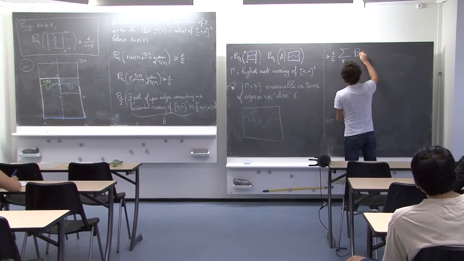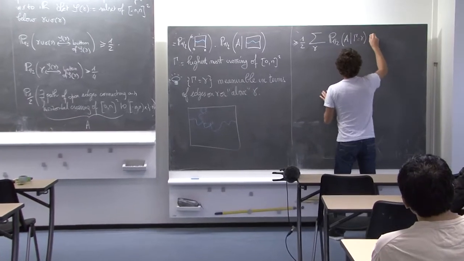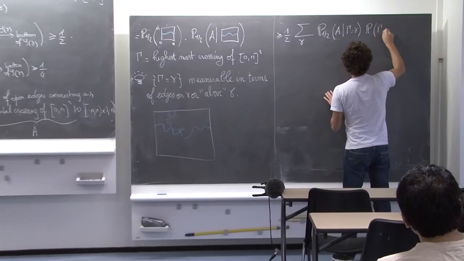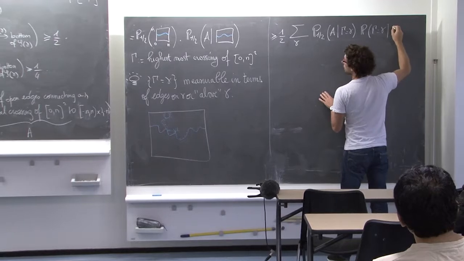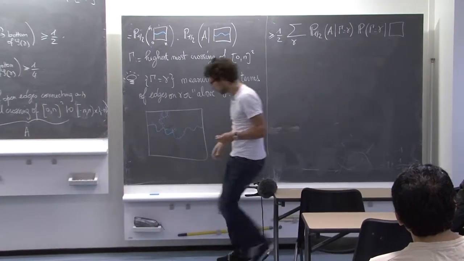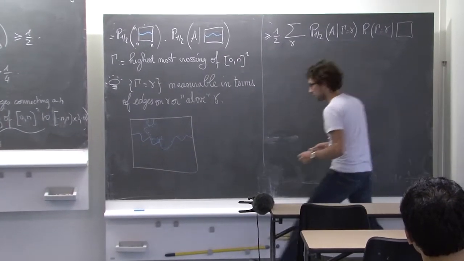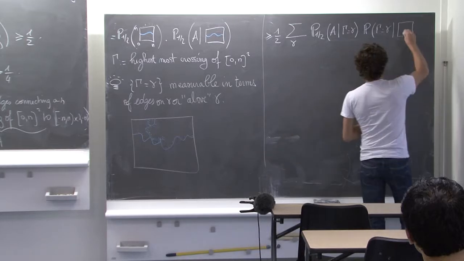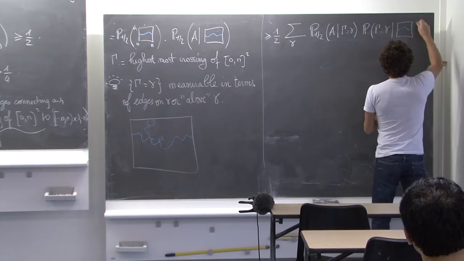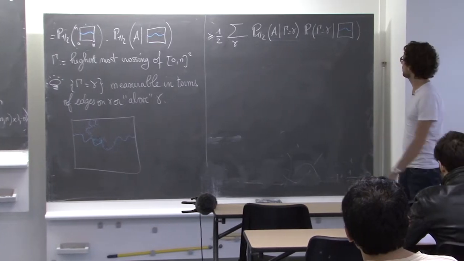And here it's going to be probability at 1/2 of A, knowing that gamma is equal to gamma, times probability of gamma equal to gamma, knowing that there is a crossing. Okay, so I just partition my event into all these things.